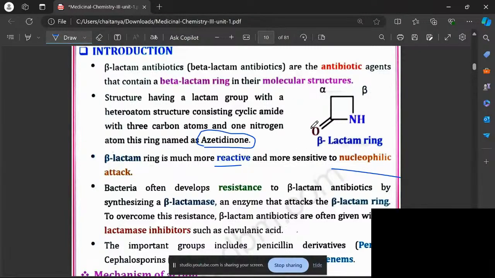The oxygen atom contains two lone pairs of electrons, and nitrogen contains a single lone pair, and they also have electron withdrawing groups, which always tend to withdraw electrons. So this is an electron rich species, and at the same time it also acts as an electron withdrawing group. So it is more reactive and more sensitive to nucleophilic attack.